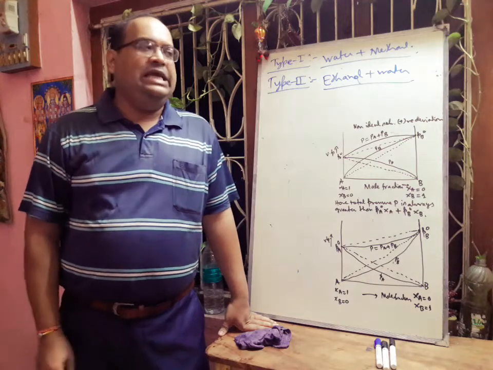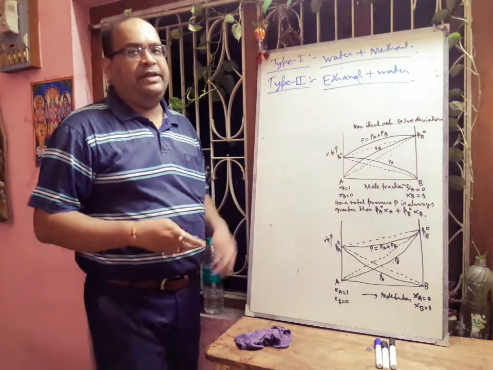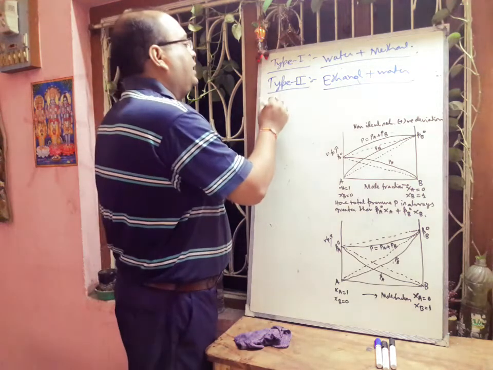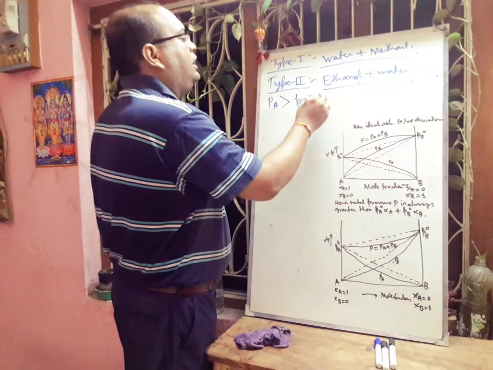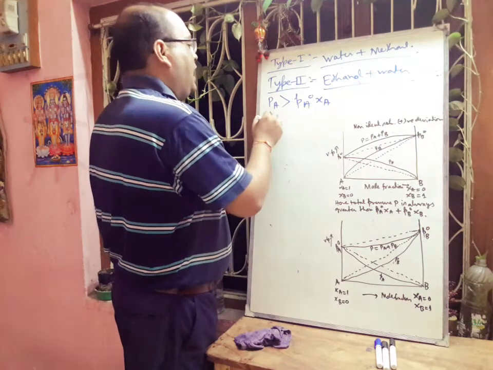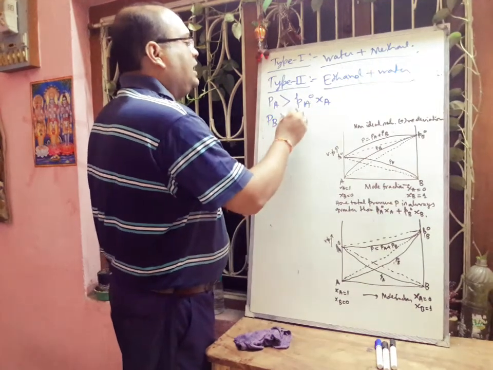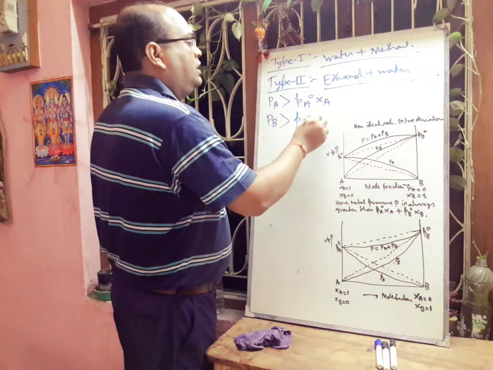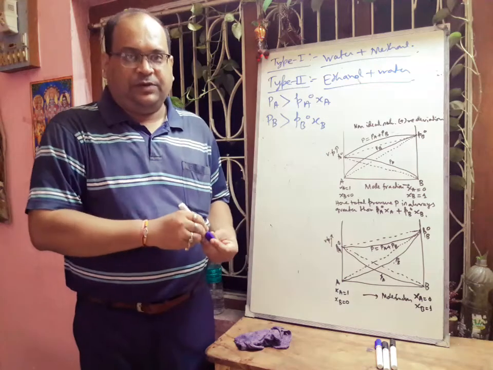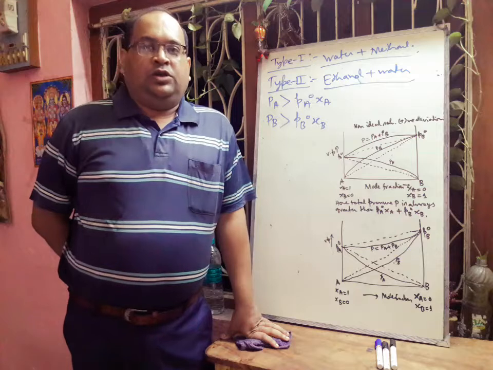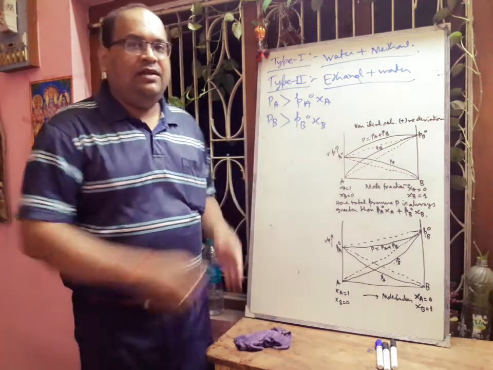So mathematically, here what will happen, that PA is always greater than PA0 into XA and PB is always greater than PB0 into XB. So in case of large positive deviation, what will be the total vapor pressure?